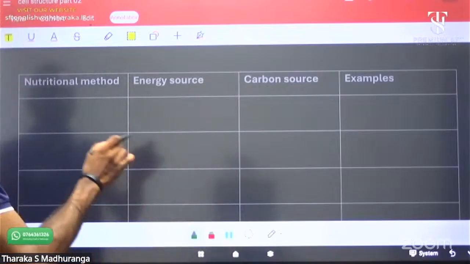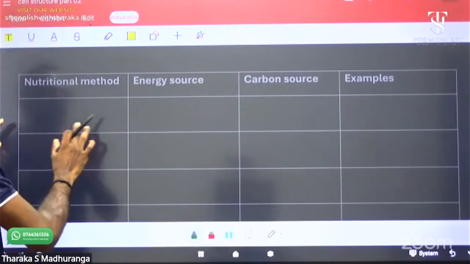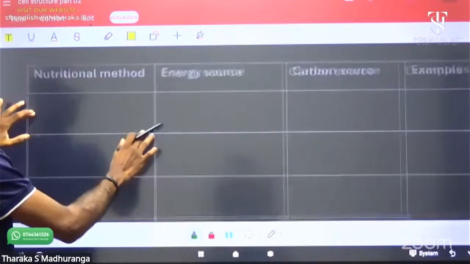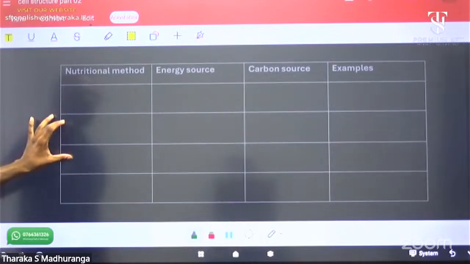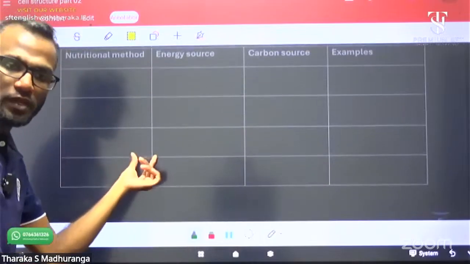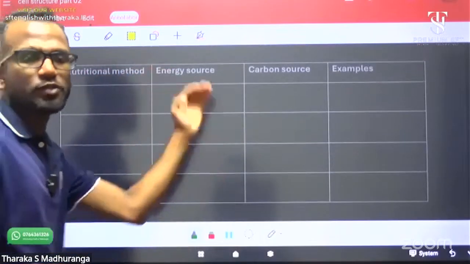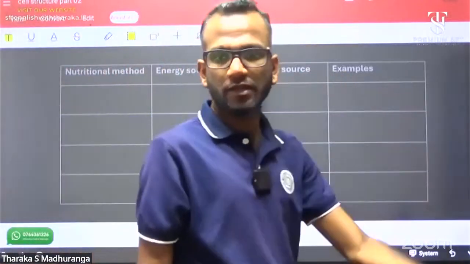What's the first nutritional type? Photoautotrophs. Those who don't have it, copy this table. Nutritional types, mainly four types. Just the table you need to remember. Table is enough.